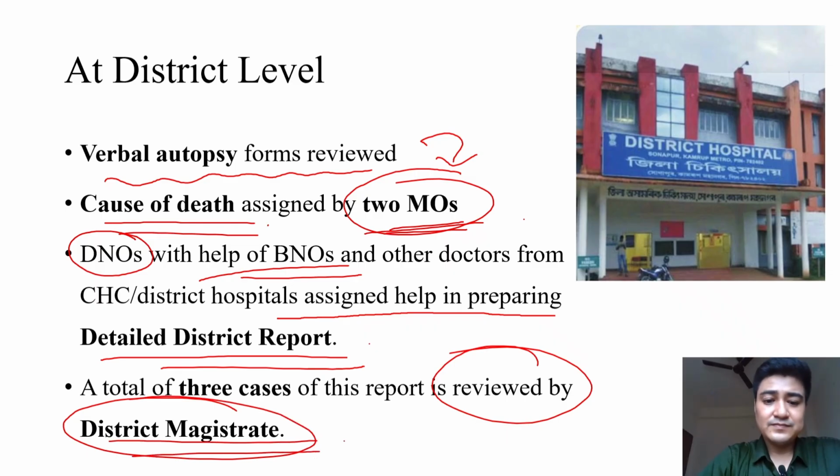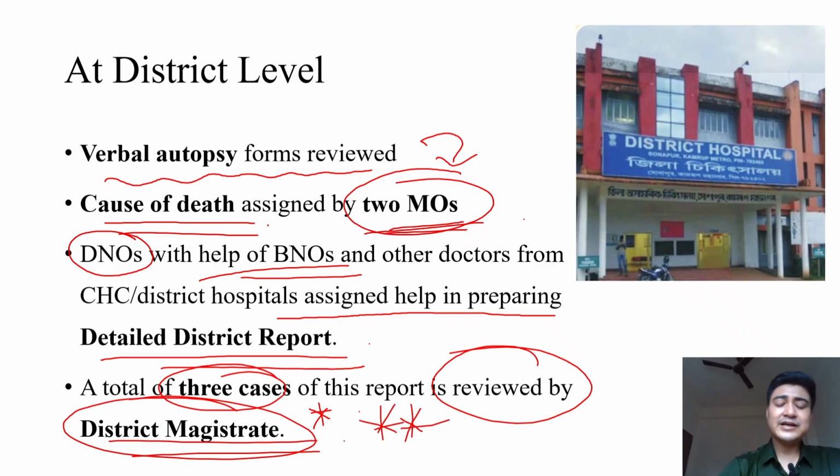All these block medical officers, the district nodal officers, and the two medical officers who are recruited for verbal autopsy reviewing, they all decide to submit a total of 3 cases. These are important points for MCQs. 3 cases which will be reviewed in detail at the district magistrate level.